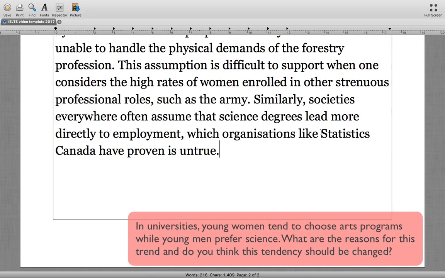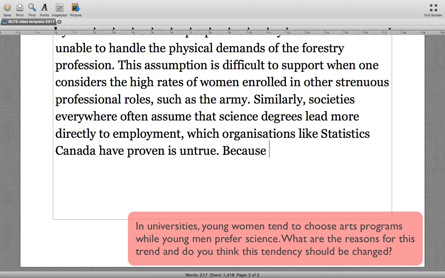I have no idea whether Statistics Canada has proven this untrue, but just like you in your IELTS exam, you're not going to be able to check the internet, so you're just making it up as you go. And that sounds like something Statistics Canada could disprove. So that's why I'm going with that example.